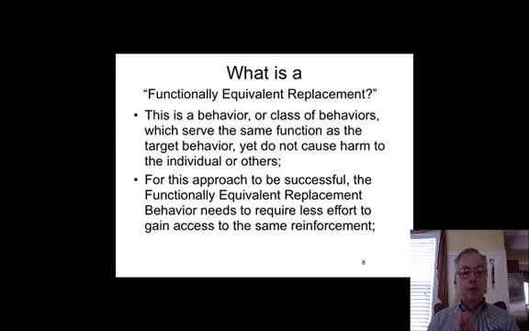We want them on, if you remember from your introductory course, we studied something called a concurrent schedule of reinforcement. Concurrent schedule is basically I can engage in response A and get reinforcer Y, or I can engage in response B and sometimes I get reinforcer Z, or I get reinforcer Y. So if I'm over here and I engage in this behavior, I get the same reinforcer as if I engage in this behavior, but if I engage in it over here, I'm going to get it more easily.